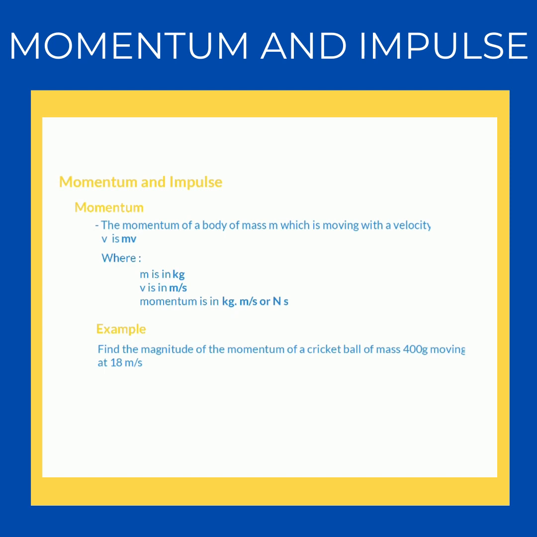So in this example, it says find the magnitude of the momentum of a cricket ball of mass 400 grams moving at 18 meters per second. Usually the momentum is denoted by P, so P is equal to mv. The mass here is equal to 400 grams.